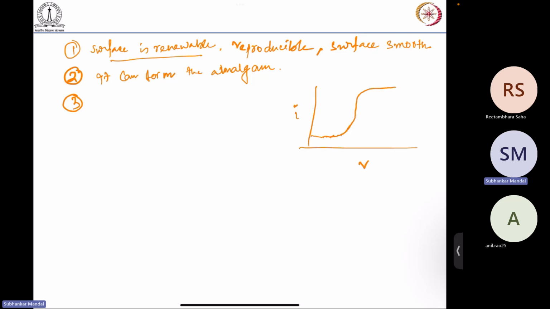So basically it is like this, but in the actual case, you will get the current like this. When the drop is formed and touches the electrolyte, it will show a high current like this. After that, when the drop comes out from the capillary, there is a disconnection between your potential source and the electrolyte.